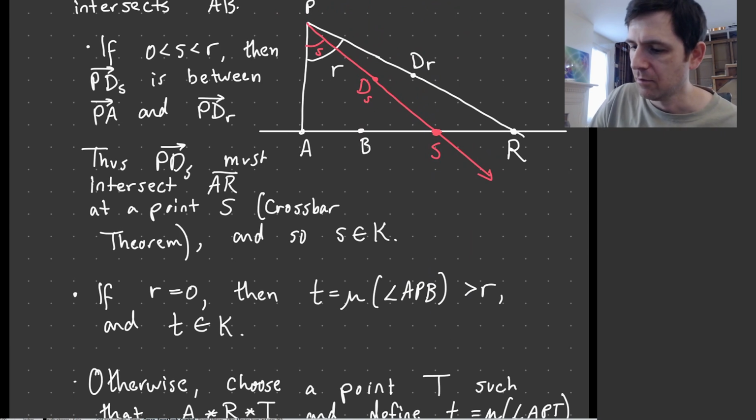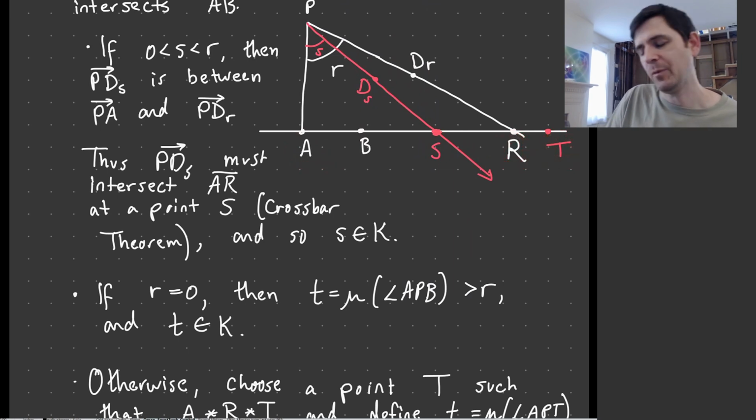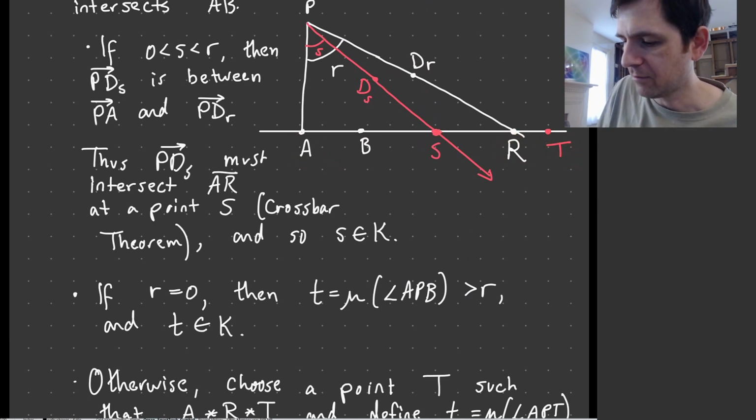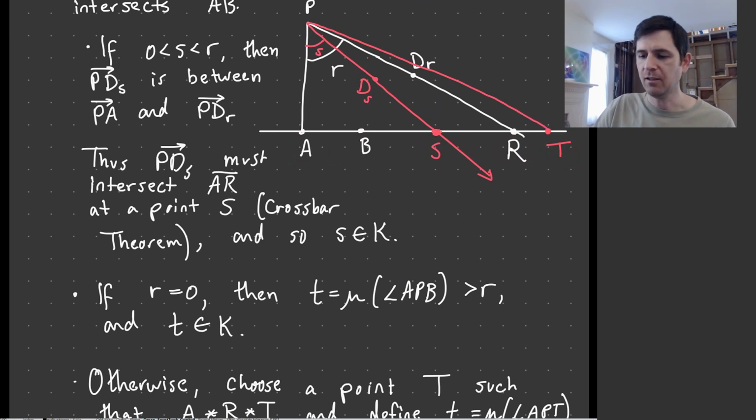So here I'm just going to pick some T here that's to the right of R, right? So I have A, R, and T. So R is between A and T. Basically I'm just picking some T further to the right, because then if I look at this angle that I get from connecting P to T, then that angle, lowercase t, is going to be bigger than r.